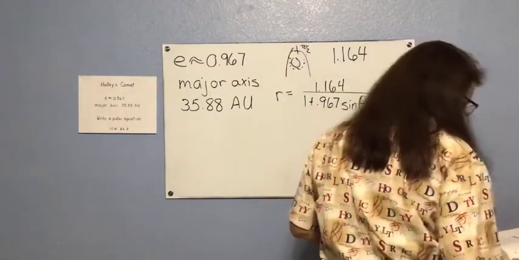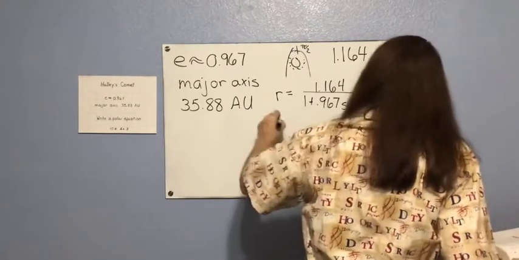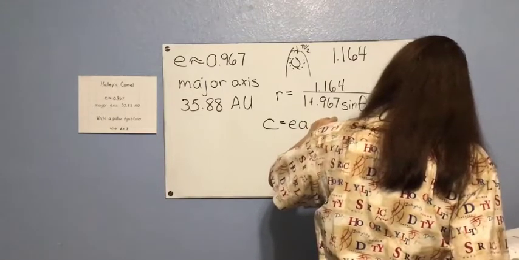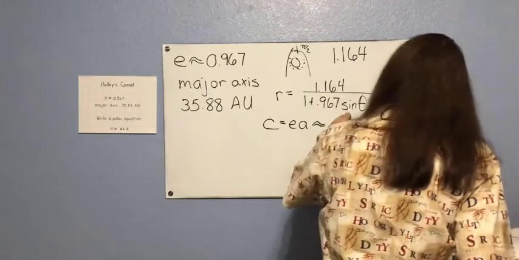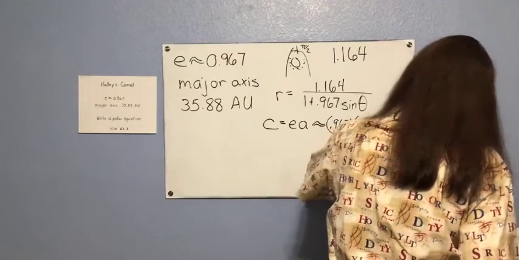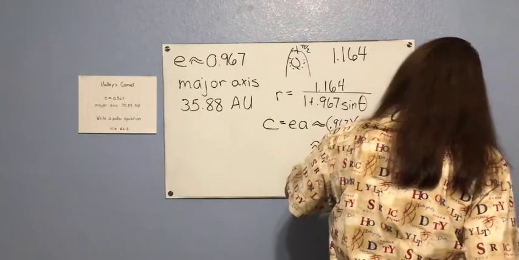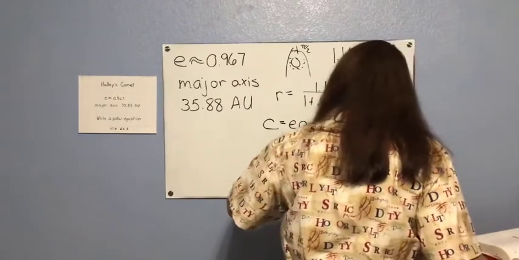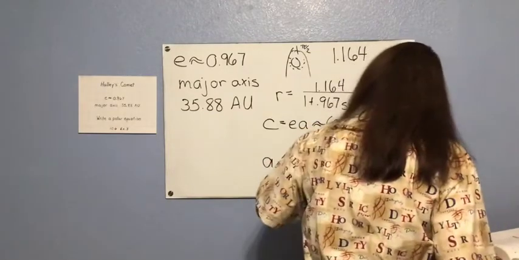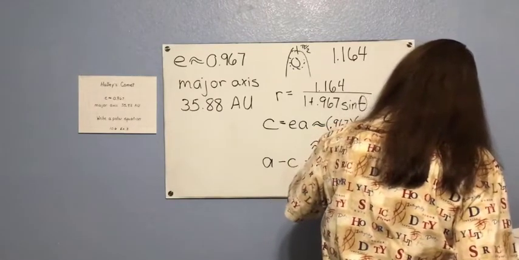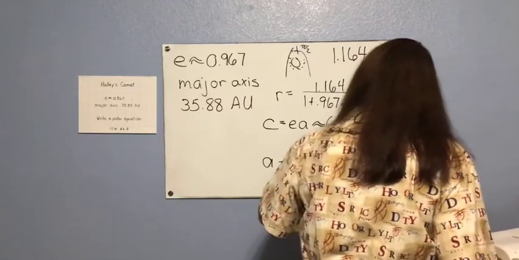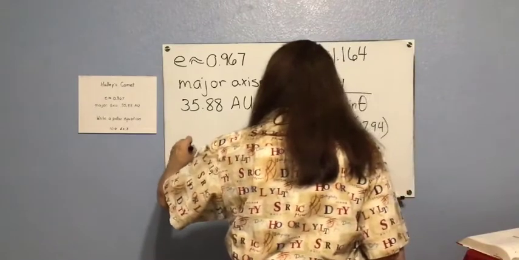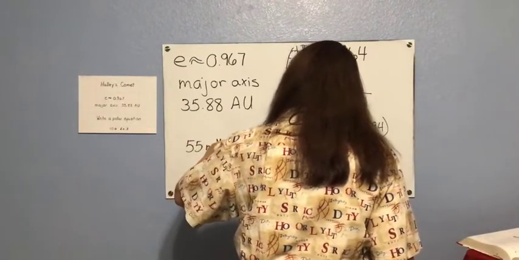So if I want to find the closest point to the sun, which is one of the foci, I could say that c is equal to e times a, which is approximately 0.967 times 17.94, and that's approximately 17.35, and then we can subtract a minus c, which would be 17.94 minus 17.35, which gives us 0.59 astronomical units, which translates to about 55 million miles.